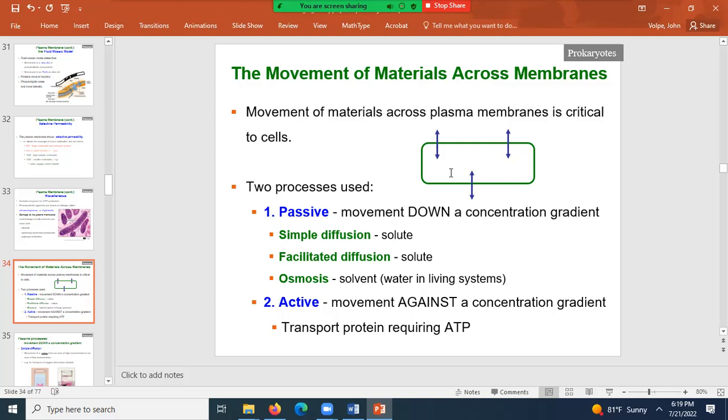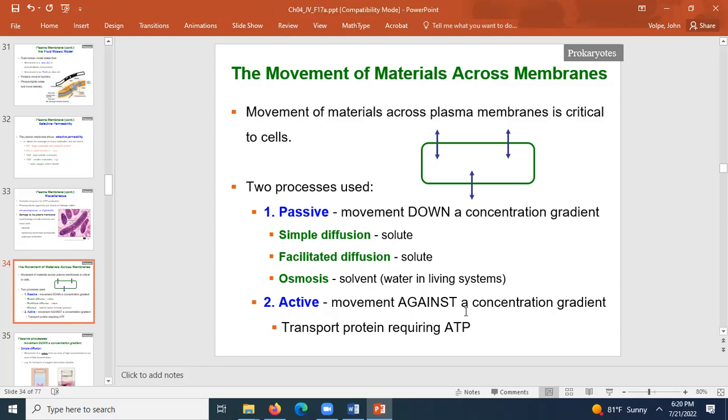And the cell uses the energy from ATP, meaning ATP will be broken into ADP and inorganic phosphate, releasing energy. That energy will then be used to move that molecule, glucose in this case, into the cell against its concentration gradient. Any questions about any of that? All right.